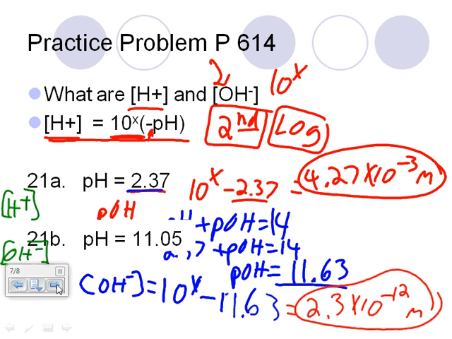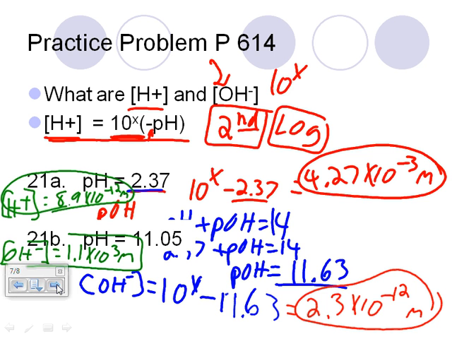So for the concentration of H plus, it will be 8.9 times 10 to the minus 12th molar. pOH will be equal to 1.1 times 10 to the third molar.